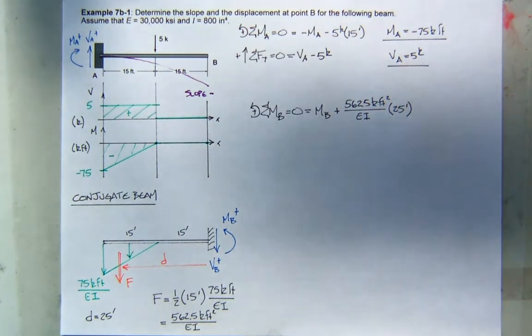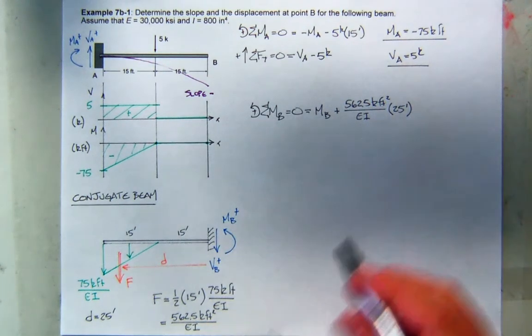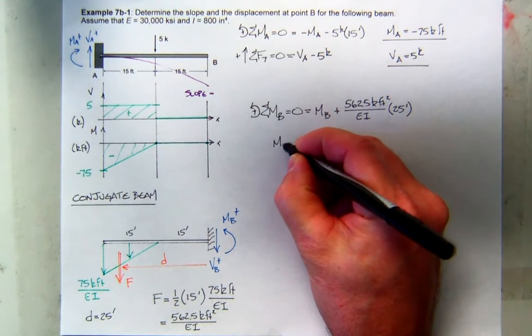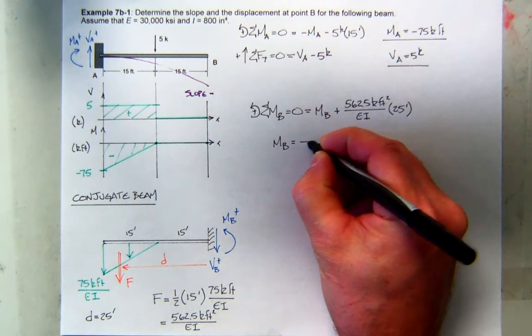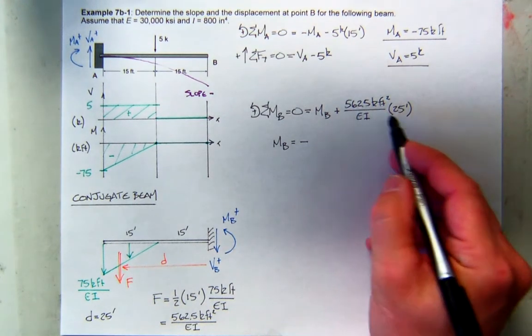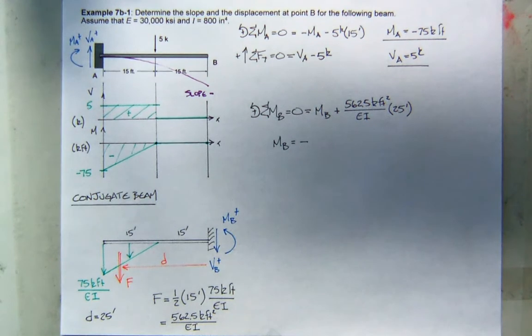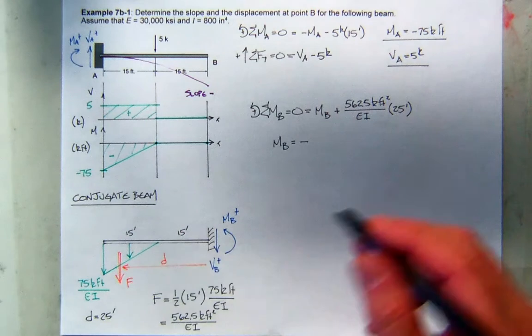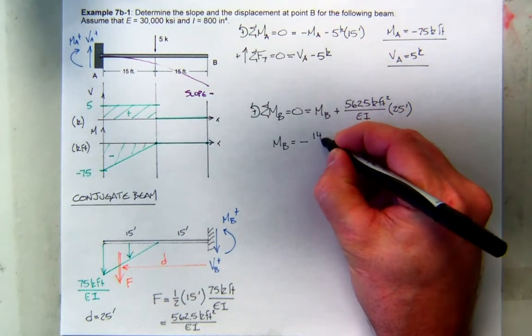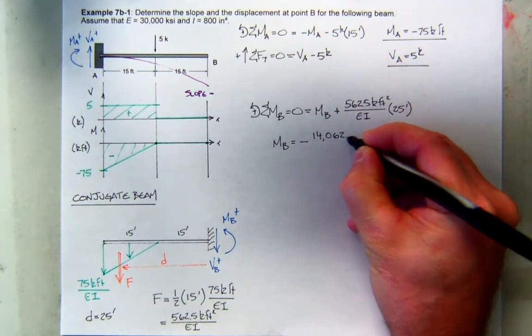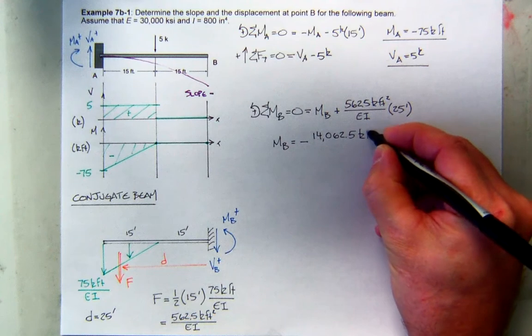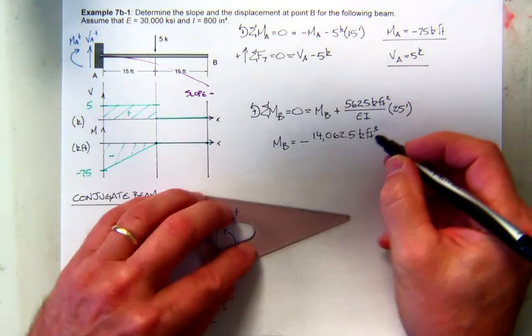And that's it. So then the moment will be negative whatever 562.5 times 25 is. 14,062. I remember that. Is it 14,062.5? Okay. So 14,062.5, and that's going to be kip feet cubed over EI.